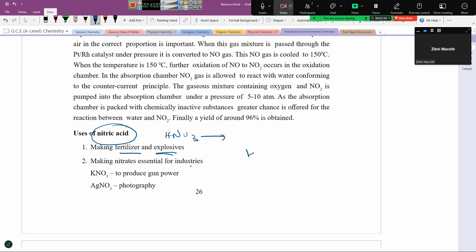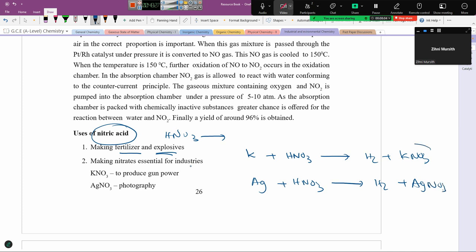For example, if you add potassium, K plus HNO3, what will it produce? H2 gas and KNO3, right? Similarly, if you react silver with HNO3, it will produce H2 gas and AgNO3.